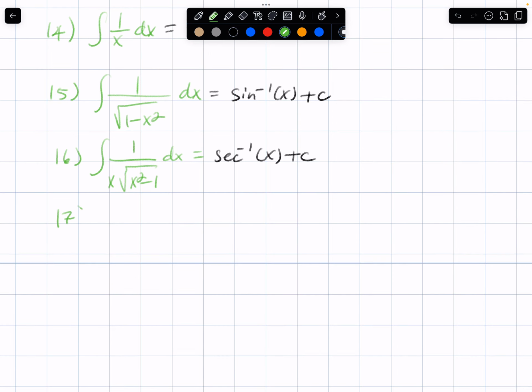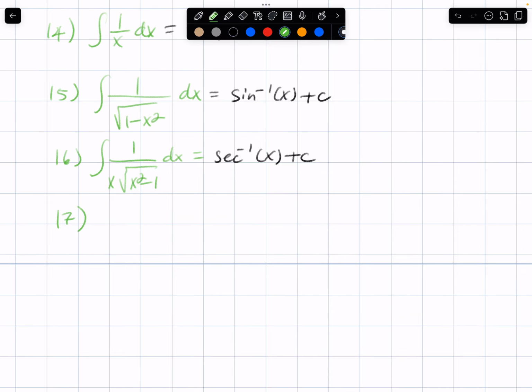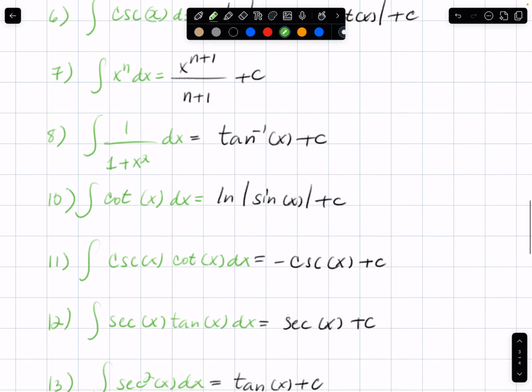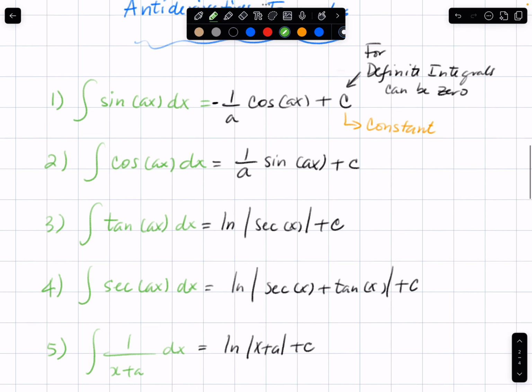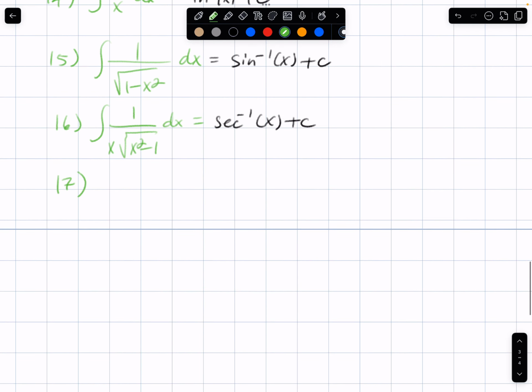Let's see. Did I have the cosecant squared? No, it doesn't look like I do. All right. So the integral of cosecant squared of x dx should be negative cotangent of x plus c.